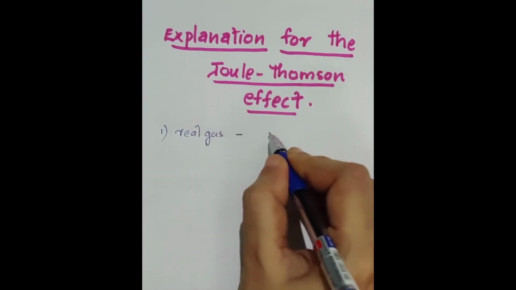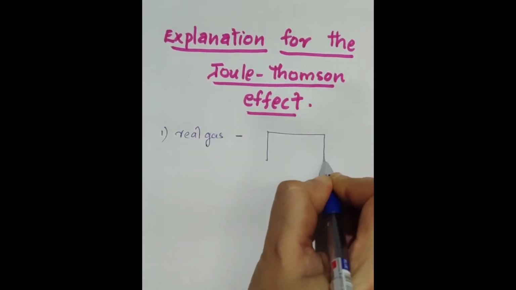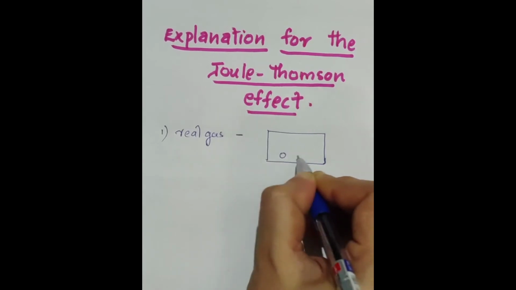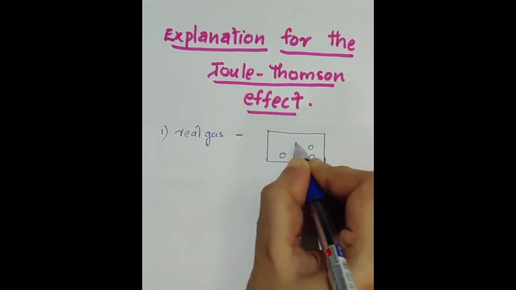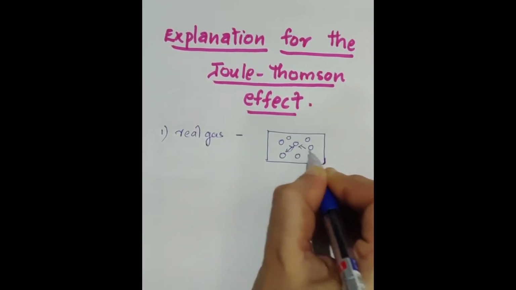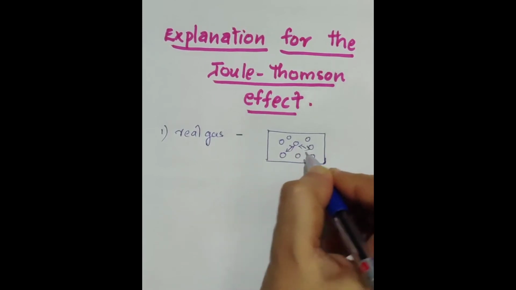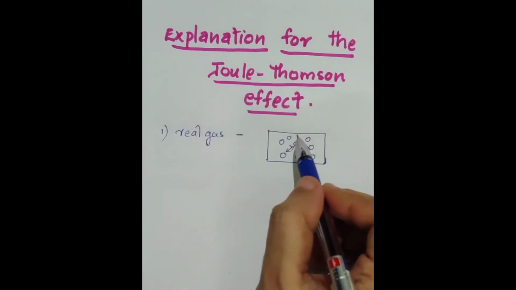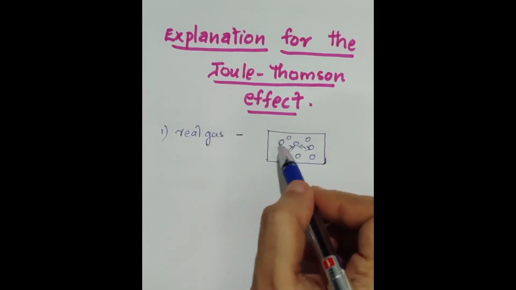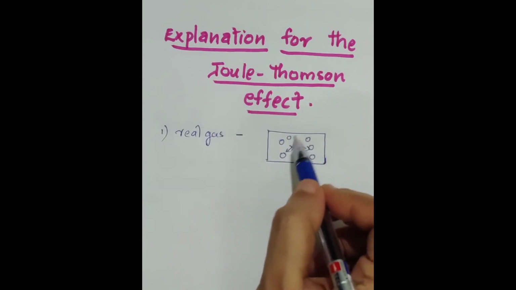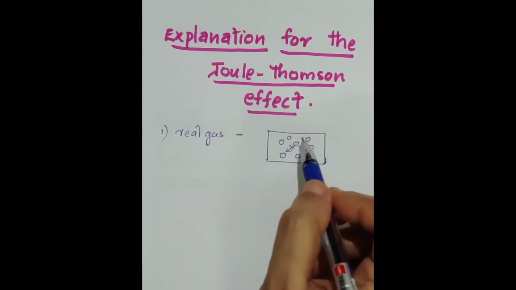Inside this real gas, suppose these are the molecules. There is some intermolecular attraction between these molecules. Work is done by the gas to overcome the intermolecular attraction, or van der Waals forces of attraction, between the molecules.